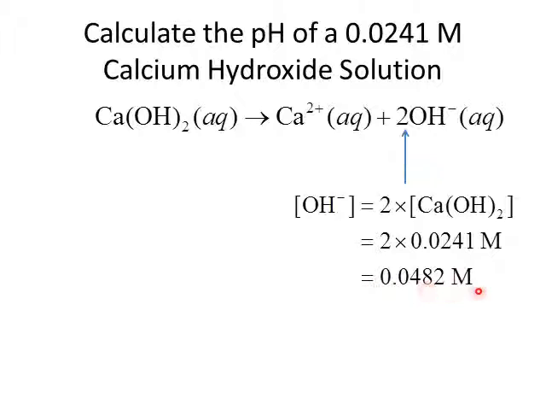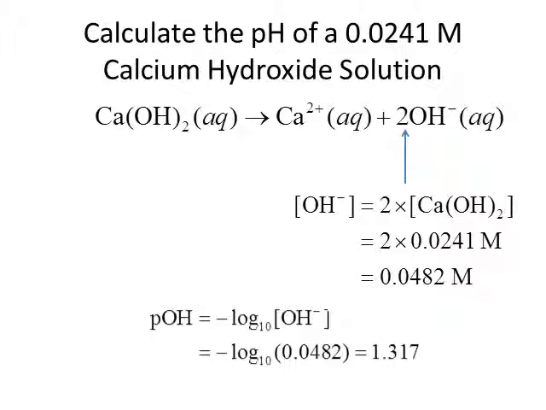Given this, we can use the approach of finding the pOH to find the pH. As before, the pOH is minus log to the base 10 of the OH minus concentration. Therefore, the pOH is minus log to the base 10 of 0.0482, and it's 1.317.